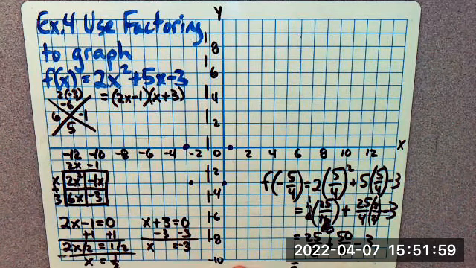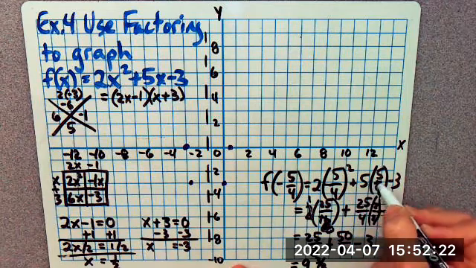So how many 8s in 75? We know 8 times 9 is 72. So that's going to be 9 3/8. And then we have, oh, that's a negative.